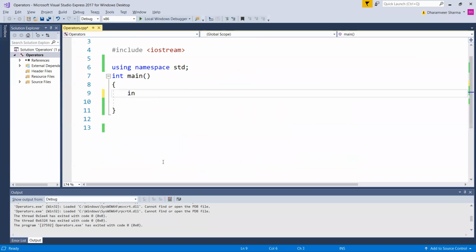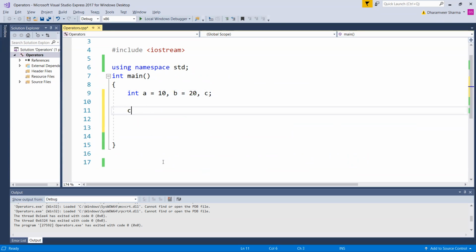If I write integer a is equal to 10, b is equal to 20, and let there be one more, c, and here I'm writing a plus is equal to b.